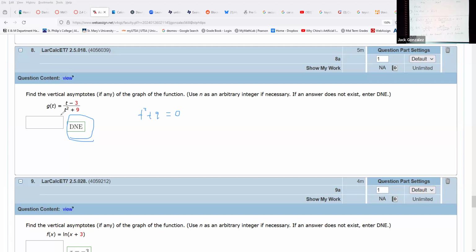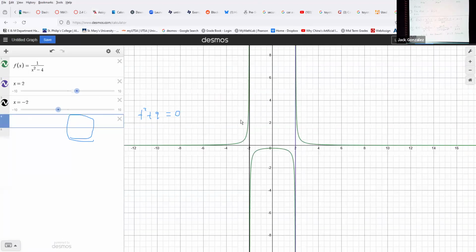So there are no vertical asymptotes for this one. You can also graph it and just see, okay, does this type of scenario happen? Do you see two areas where the graph is approaching but can't cross?